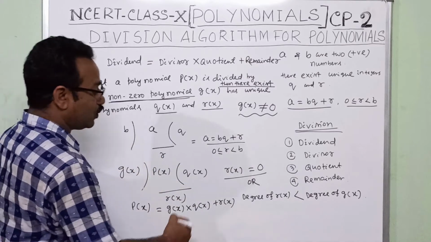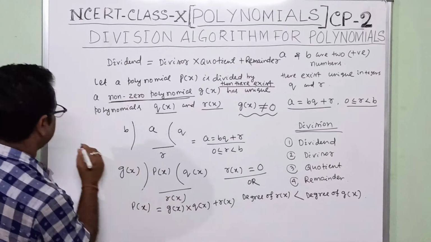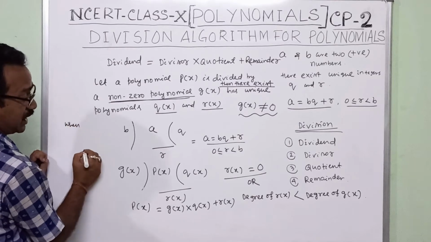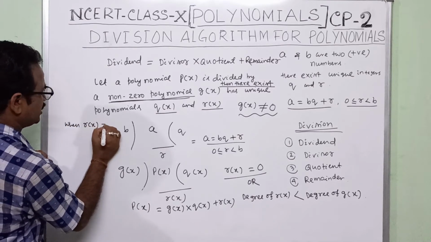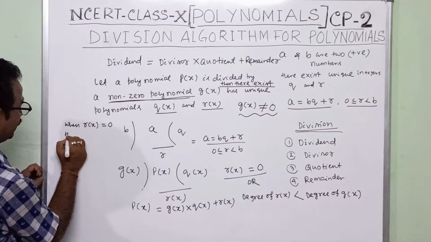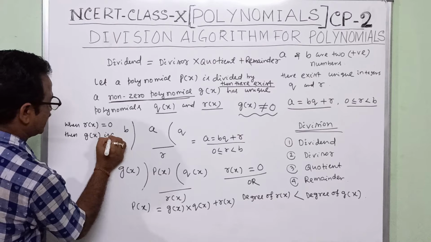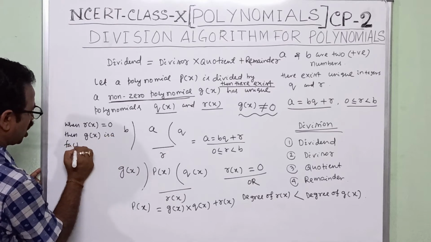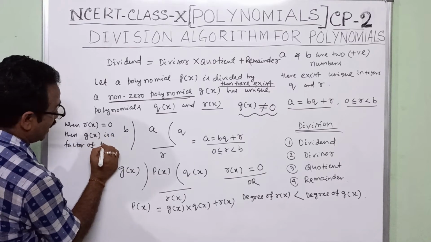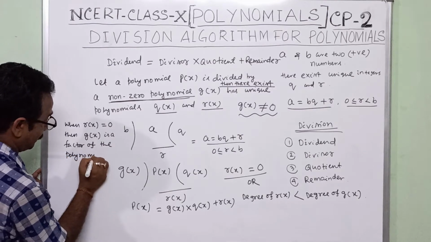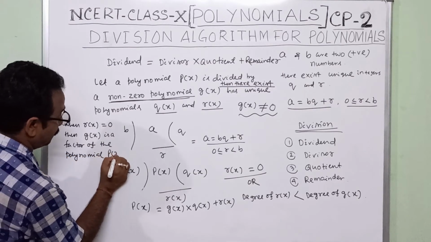So when r(x) is equal to 0, then g(x) is a factor of the polynomial p(x).